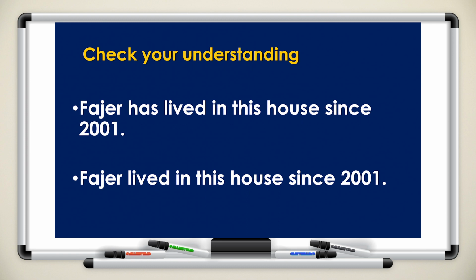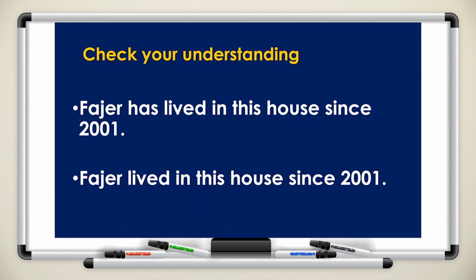Take a look at those two sentences. Fajr has lived in this house since 2001. Or Fajr lived in this house since 2001. Which sentence is better? Or which sentence is correct? Think.